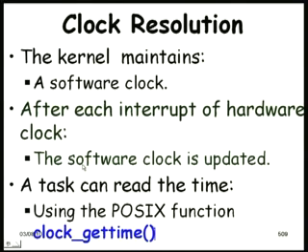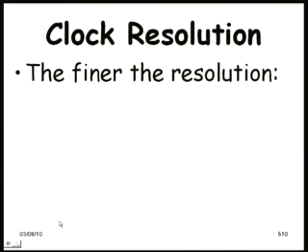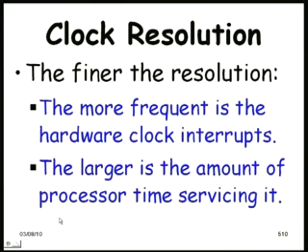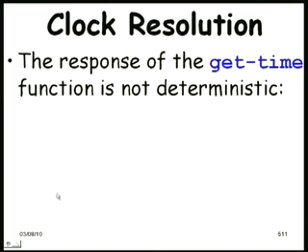The answer is that whenever we try to get the clock time, we need to invoke a function. We don't directly read the clock time, because it is an operating system function, for example, clock get time. The response to a function invocation is not deterministic.